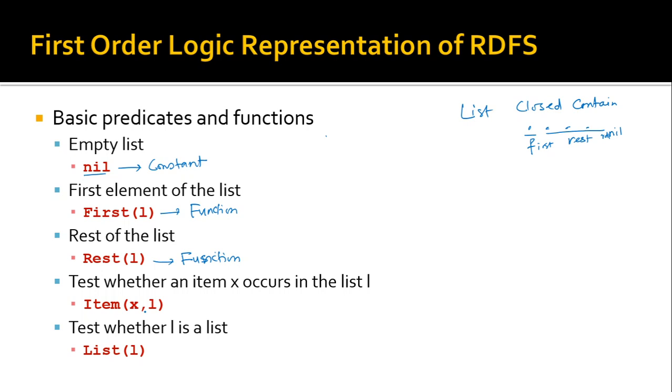We say item x, list xl, which is a predicate. And finally, how do we test that a given object L is a list or not? We have a predicate to say whether L is a list or not.